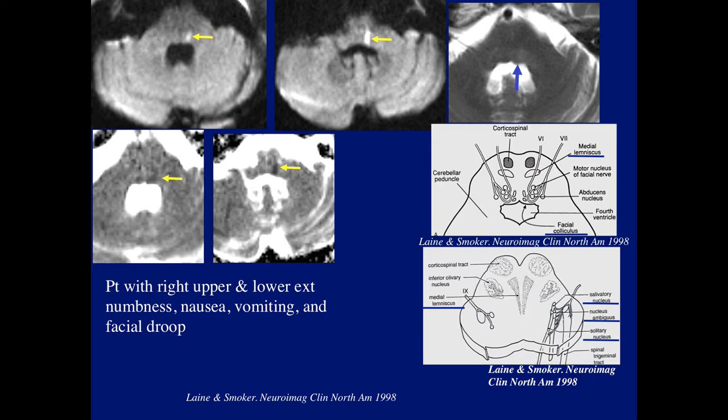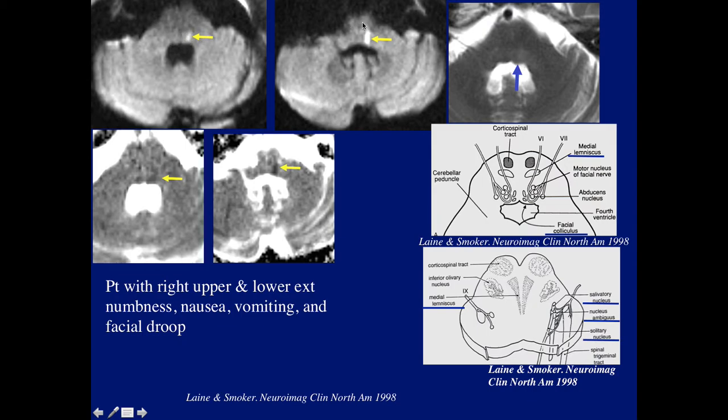Here's another patient. Has upper and lower extremity numbness, nausea, vomiting, and facial droop. And if we analyze the location of the findings, we can explain most of these symptoms. First of all, here's a little bit of an increased size of the facial colliculus. So that explains why the patient has a facial droop.